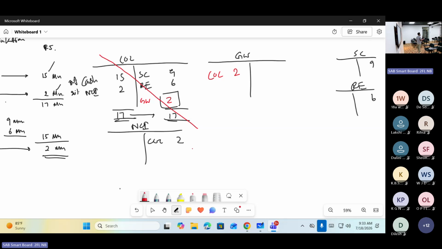I hope you are clear with the double entry. Here we have especially 3 double entries. What are they? Consideration entry, and then NCI entry, and then net asset entry. Right? 3 entries.